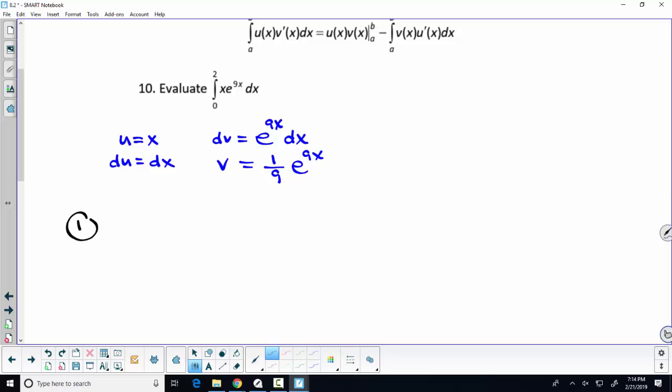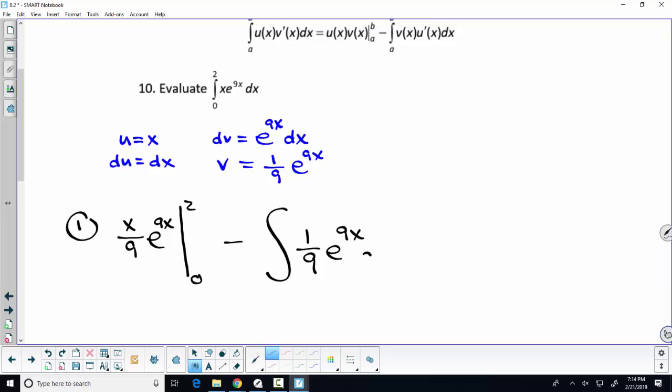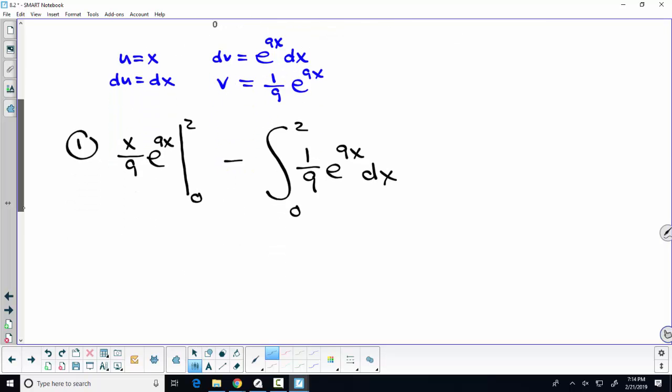Then we can have our u times v and evaluate that from 0 to 2, and have the minus the integral of v du here. Or we could just work with the antiderivative until all antiderivatives are found, and then evaluate everything from 0 to 2.